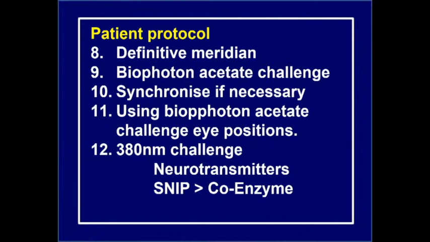And then we're going to synchronize the person back into where they should be, or from their definitive meridian. And using the biophoton acetates, which should be the same then as the definitive meridian, we're going to use our eyes into distortion and find out what it is that's wrong. So if you've got a definitive meridian, you must have a definitive problem. In other words, is that problem a toxicity?